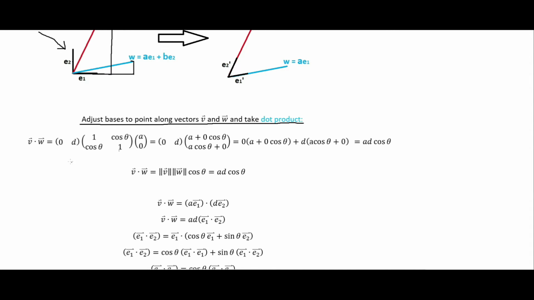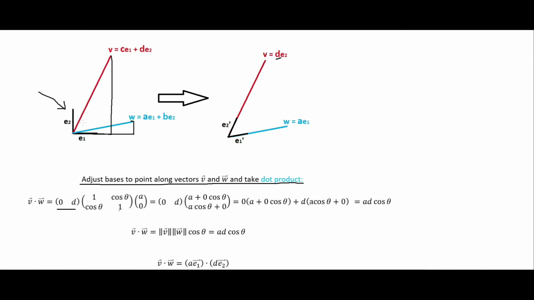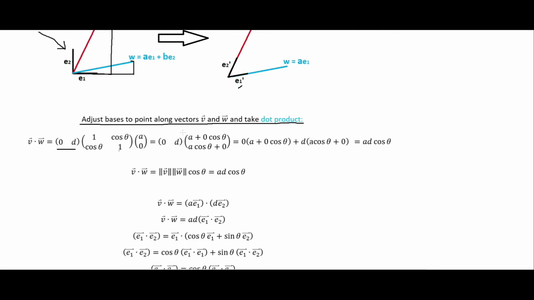And so now we have 0 d here because we have 0 in E1, and then d is just times our E2, so we only have that d component. And then the same here, we have our a and then 0. So we end up with a plus 0 cosine, a cosine theta plus 0.